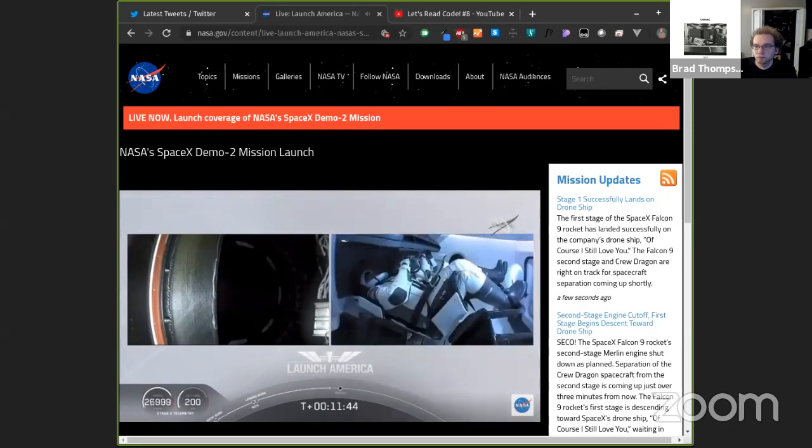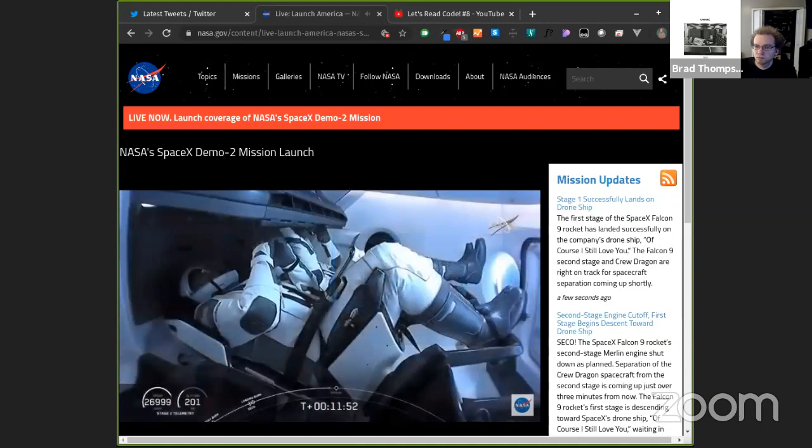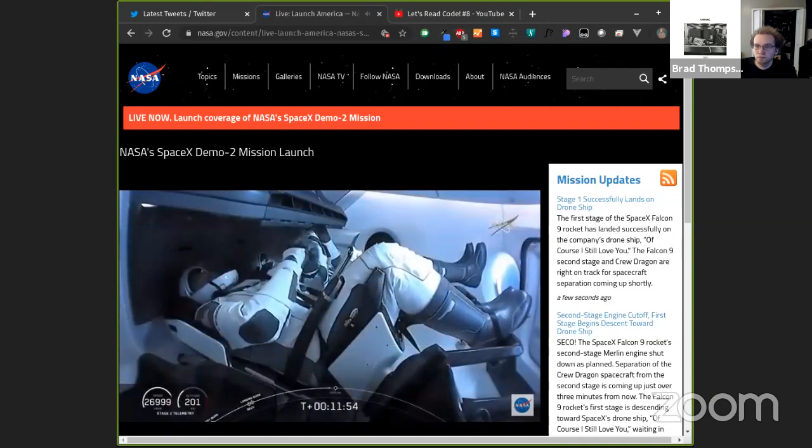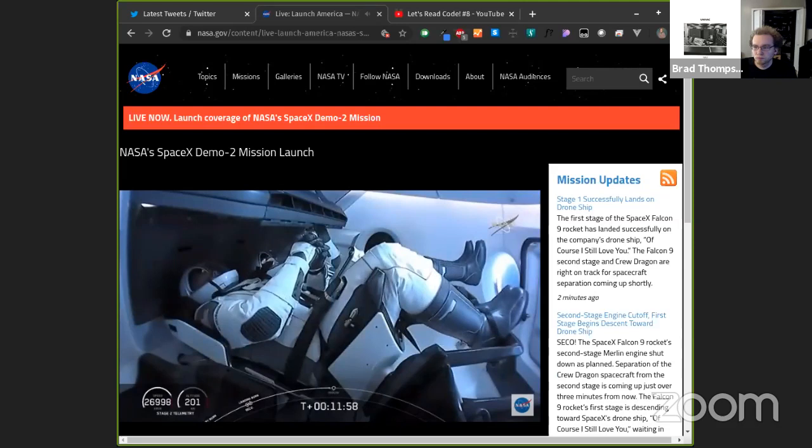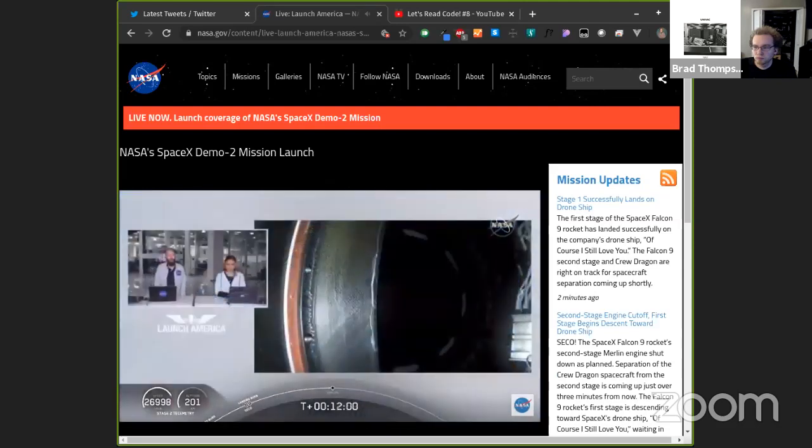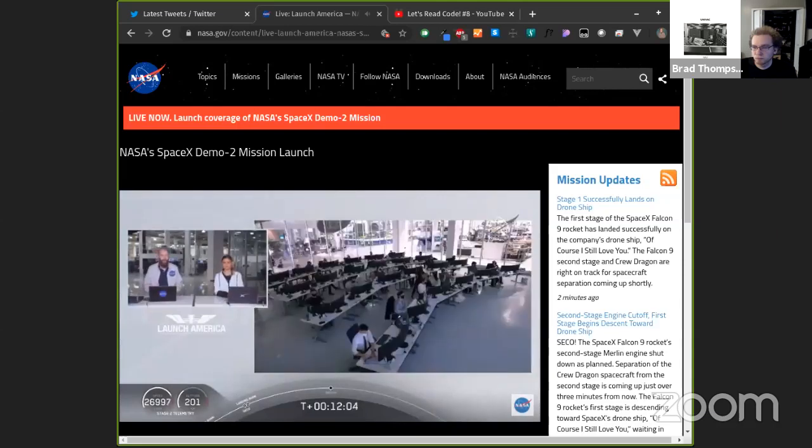Begin a series of checks on the Draco thrusters used to maneuver and power Dragon's flight. Standing by for expected loss of signal. Sounds like we had an expected LOS, loss of signal, on stations. Waiting for confirmation. Dragon separation confirmed.